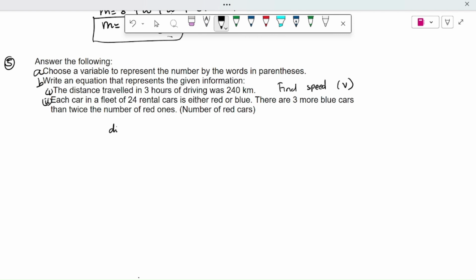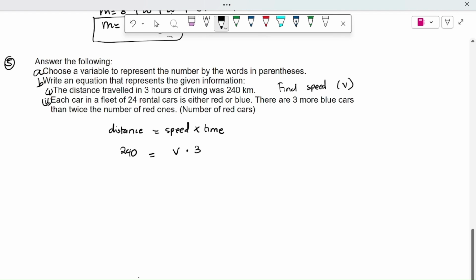You know that the distance is equal to speed times time. So the distance 240 is equal to v times 3 hours. Let's not put the SI unit because we need to make the equation.